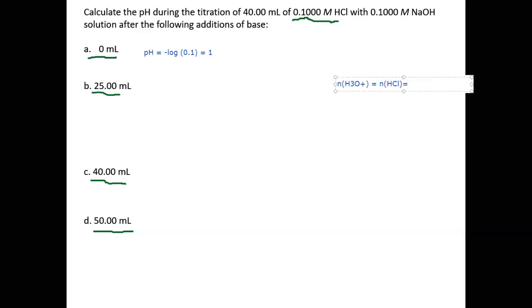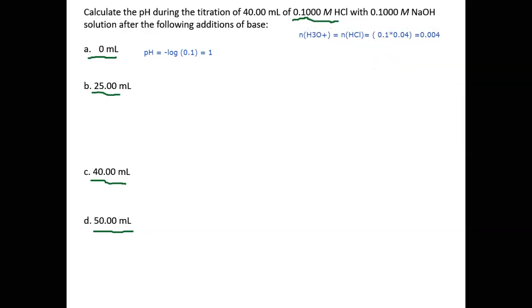And that equals 0.1 times 0.04. So this is the moles of acid, or H3O plus, we have. We're going to be using that quite often, so we're going to keep it up here.